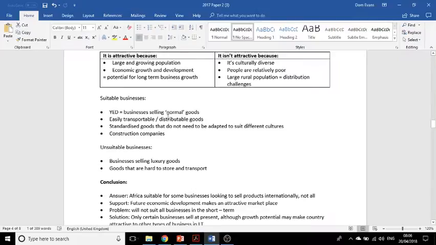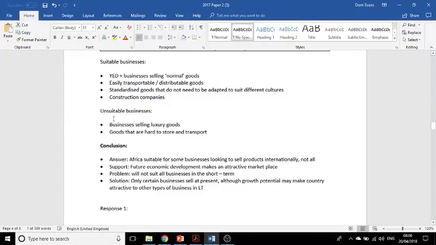Looking at normal goods, easily transportable, standardized goods, I might start thinking about things like toothpaste or underwear, things that are easily transportable, don't need to be adapted terribly, and demand for these goods is likely to go up. Unsuitable businesses, well, maybe businesses selling luxury goods that are hard to store and transport might not be so successful in selling their products.